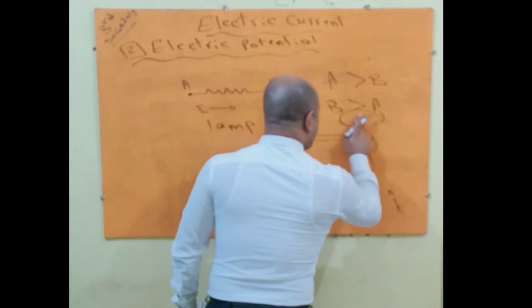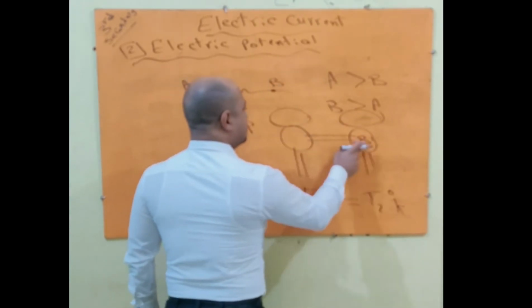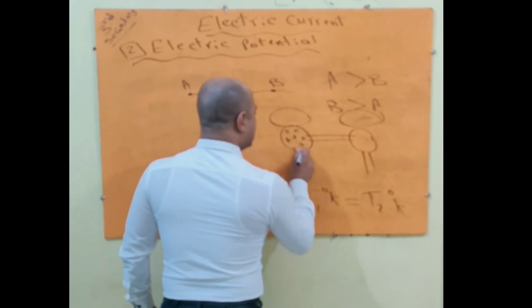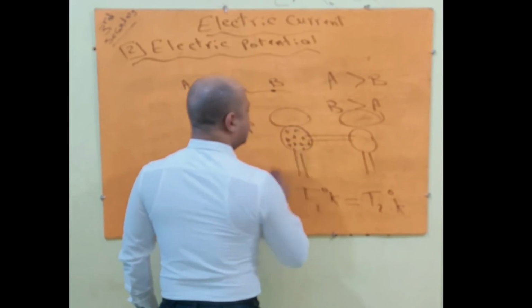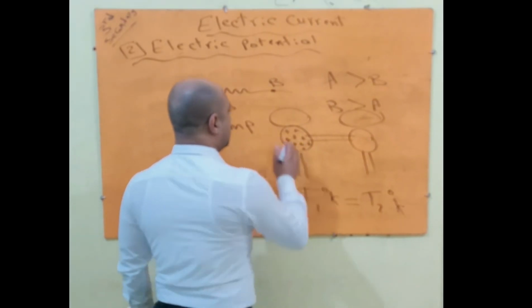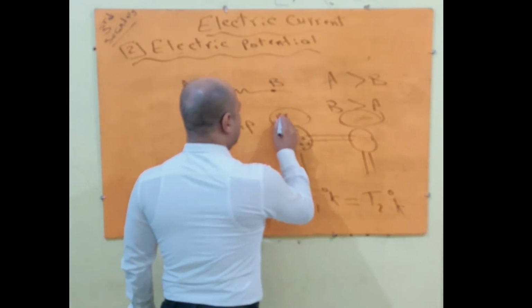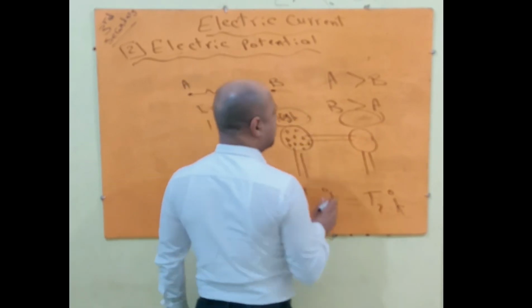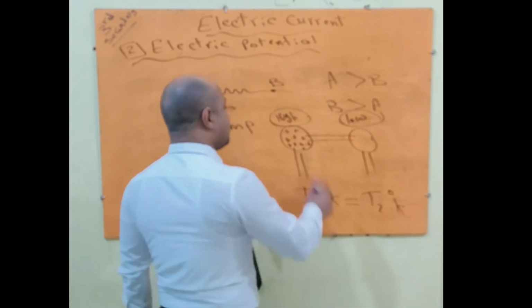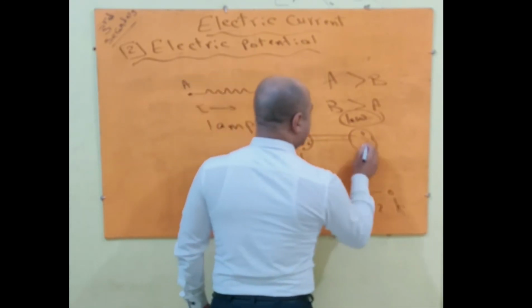If we have two metals, the first one is charged and has high electric potential, and the other one has low electric potential, and we connect them with another metal.